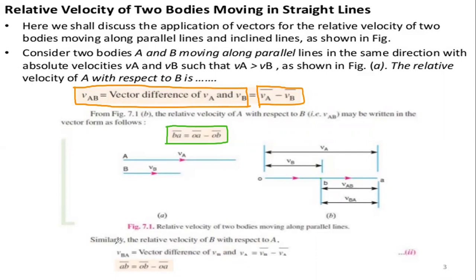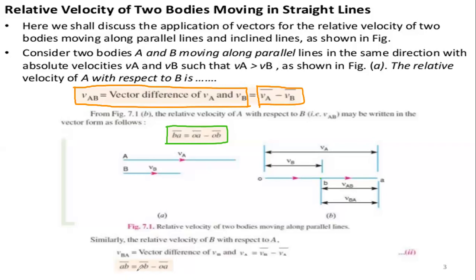Next, similarly, the relative velocity of B with respect to A. So I am taking the opposite condition. VBA is equal to the vector difference of VB and VA, that is, VB bar minus VA bar. So I am taking it as BA bar in the first equation and in the second equation AB bar, where AB bar is equal to OB bar minus OA bar.